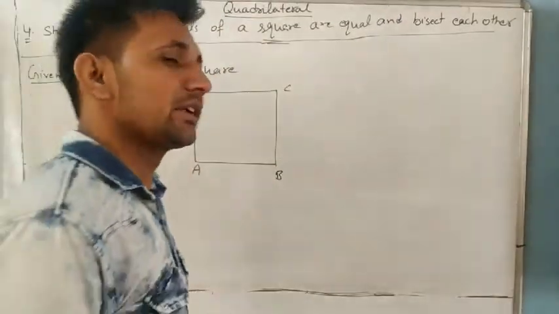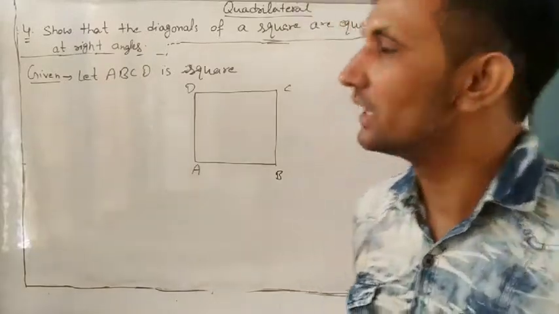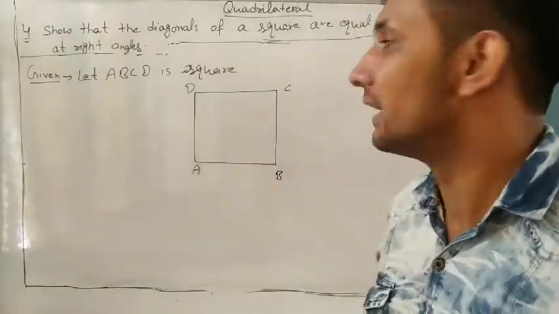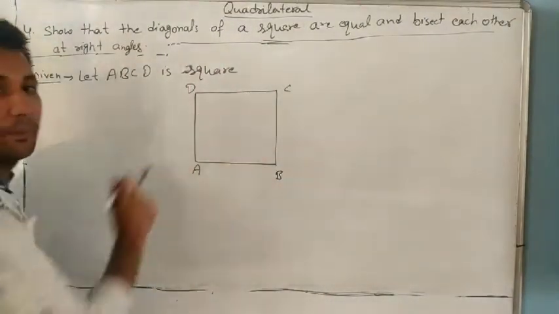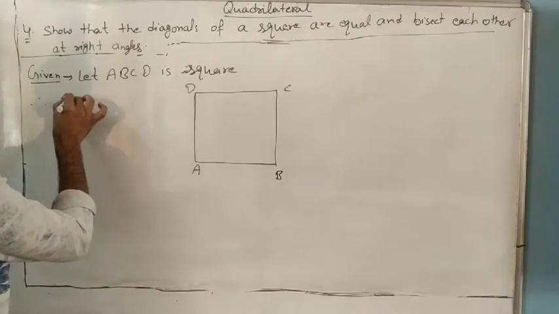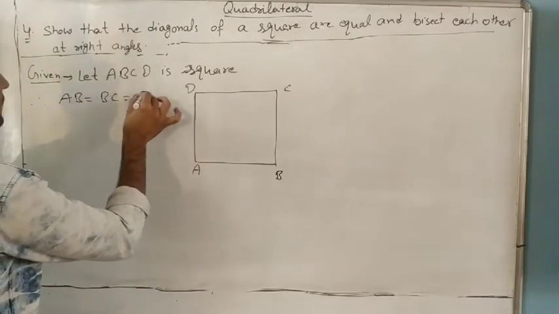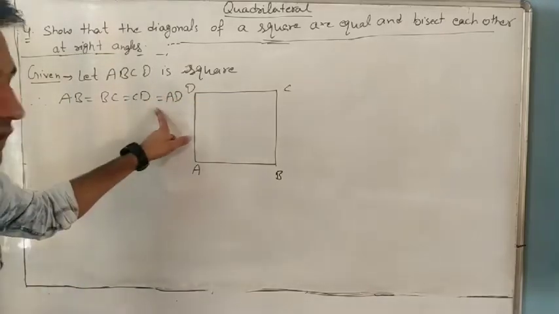A square is a parallelogram in which each side is equal and each angle is 90 degrees. So you can write, therefore, if ABCD is a square, it means AB equals BC equals CD equals AD. All four sides are equal.